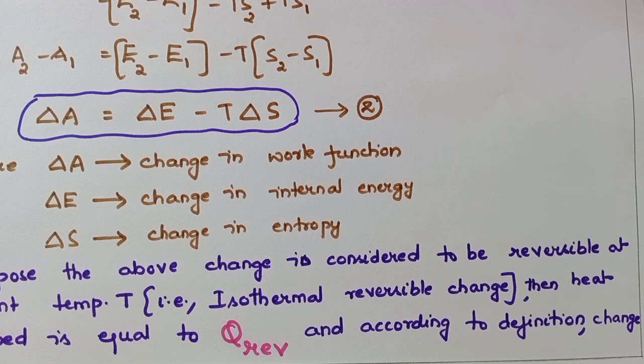How will we denote change in entropy? In the brackets, what will you write? Delta S. Write down: according to definition, change in entropy, delta S, is given by.